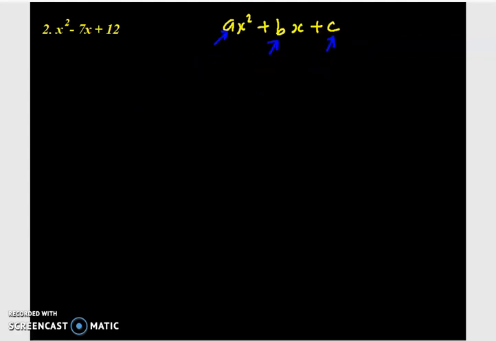And if you notice the form ax squared plus bx plus c, pay attention to these. Then have a look at this expression.